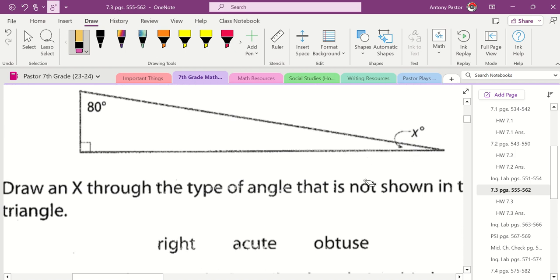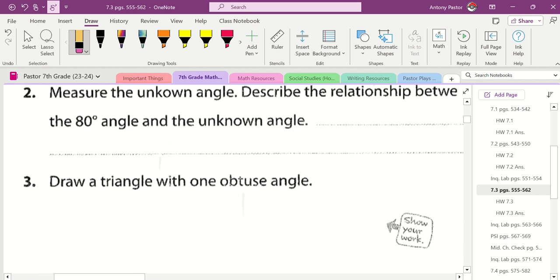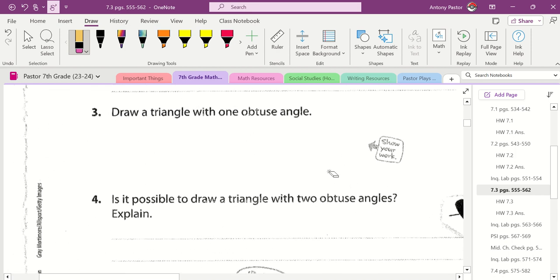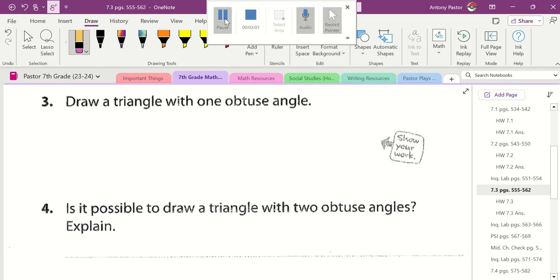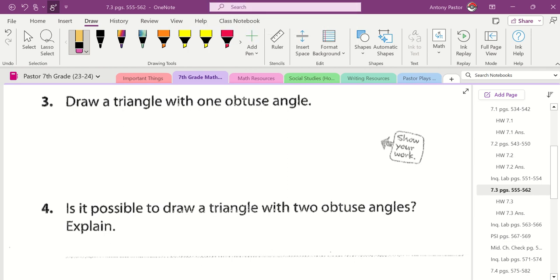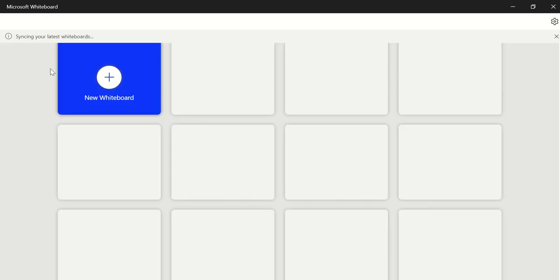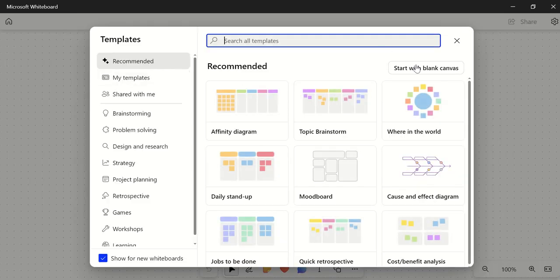acute angle. Amp Up Group has already done this, so we're going to have Amp Up Group just kind of monitor. I need each group to work together and draw a triangle that has an obtuse angle. At least one obtuse angle. Go. Anybody want to come up and try to draw an obtuse triangle?